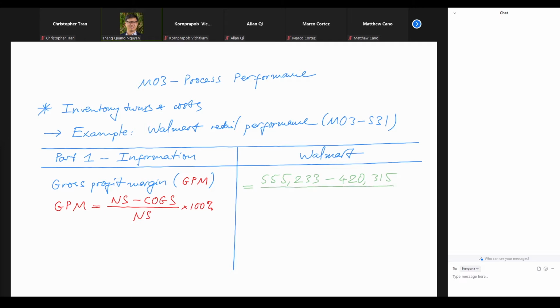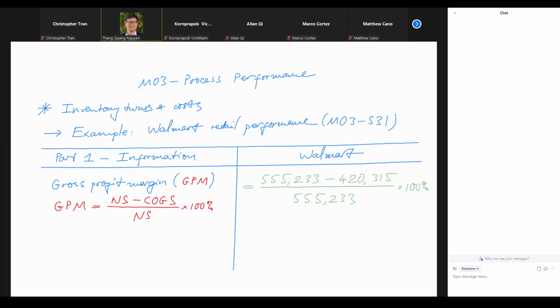So we have that minus that divided by the revenue, gross profit for the whole Walmart company divided by the revenue in 2020. And then we multiply these by 100%.